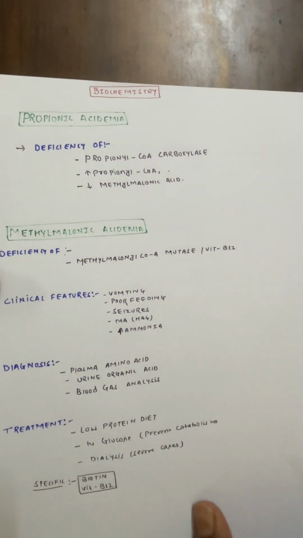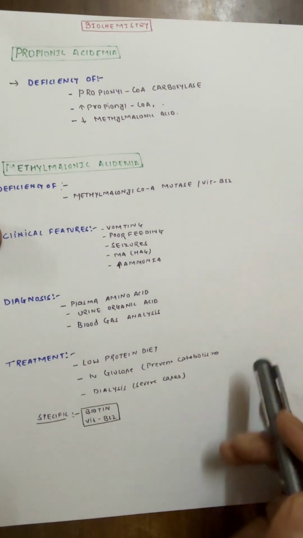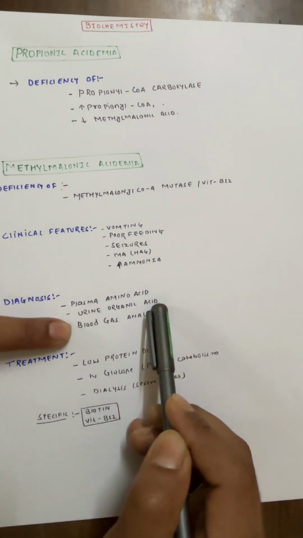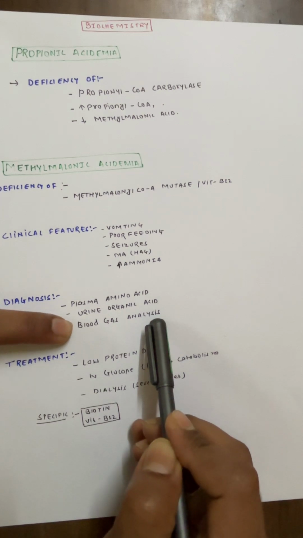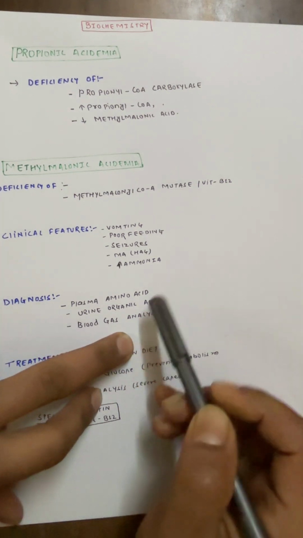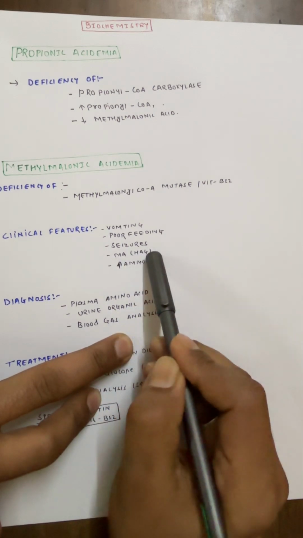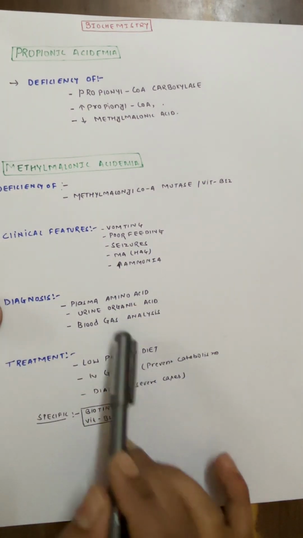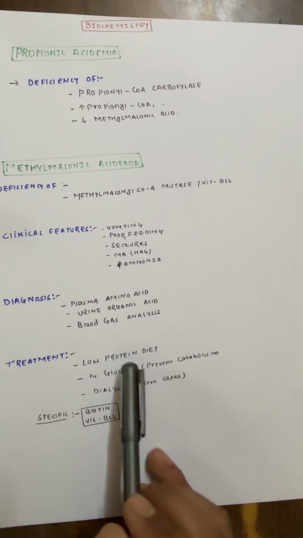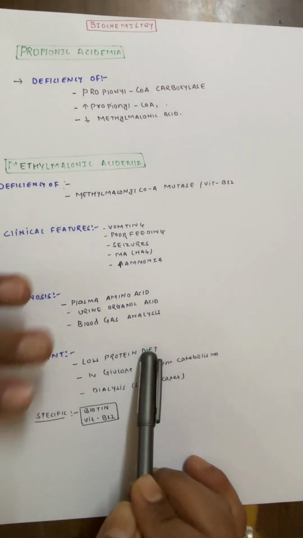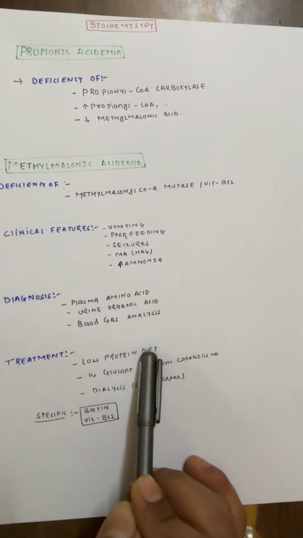Now how to diagnose this case? To diagnose, we will see the plasma amino acid level, then urine organic acid level, and we'll do blood gas analysis. Why blood gas analysis? To see which type of acidosis or alkalosis. We'll find metabolic acidosis with high anion gap. Now coming to the treatment part, we'll give a low protein diet, so that organic acid accumulation will be low.